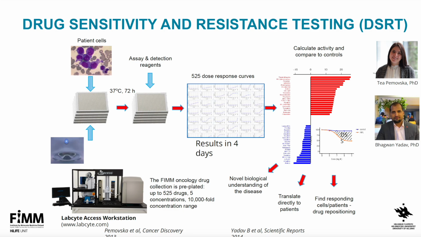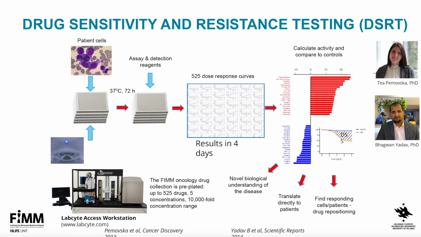But with all of these technologies, you're just getting a basic readout of different cell types. You might get the bulk viability readout, but then with high throughput flow cytometry and also multiplexed imaging, you can look at different cell populations and get a sense of how the drugs are affecting those cell populations.